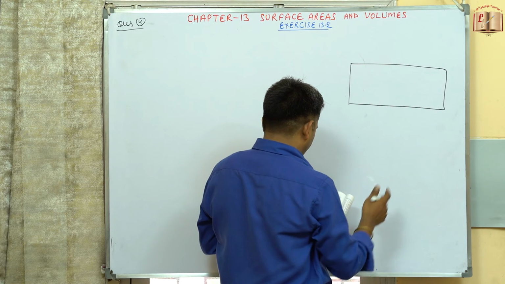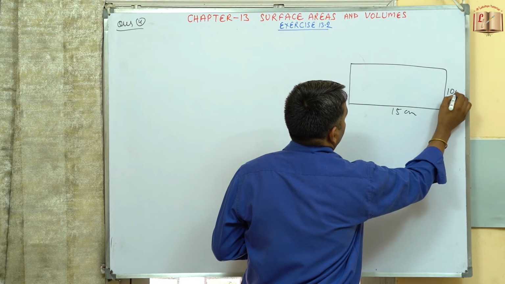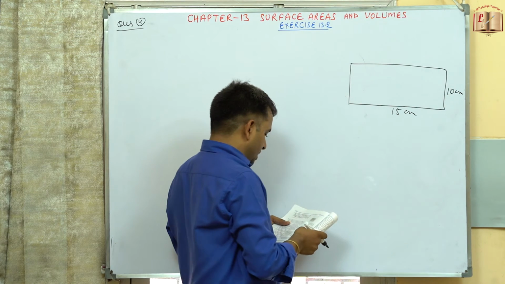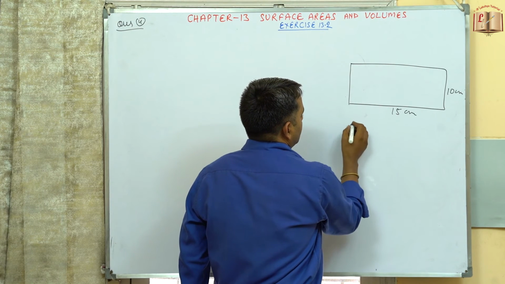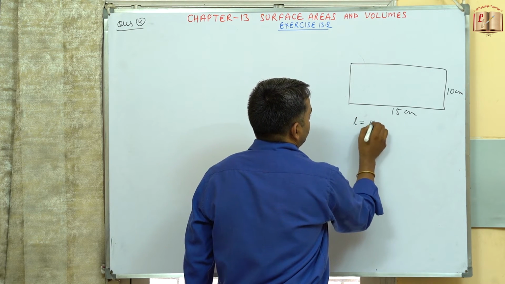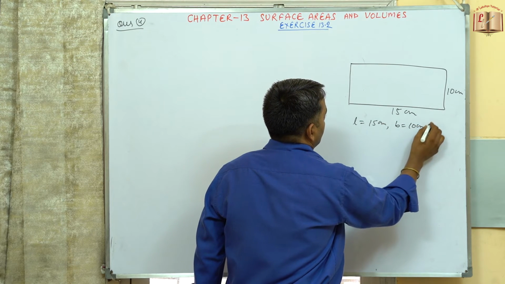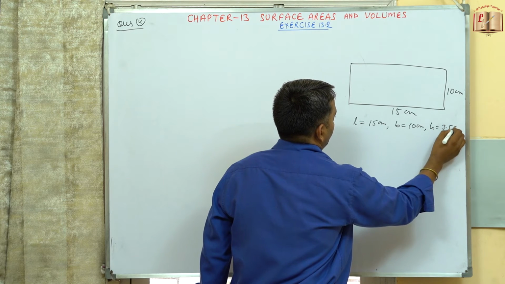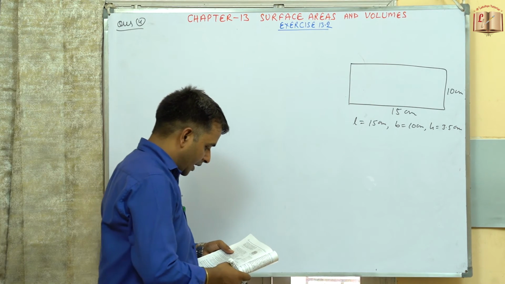So this is 15 centimeter by 10 centimeter by 3.5. Length is 15 centimeter, width is 10 centimeter, and height is 3.5 centimeter.